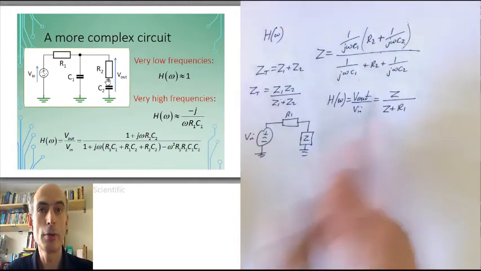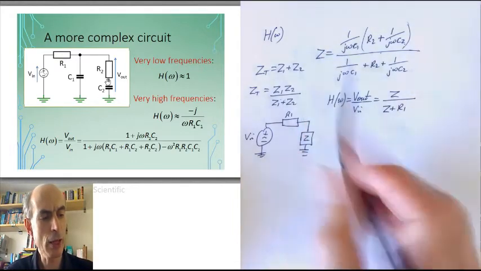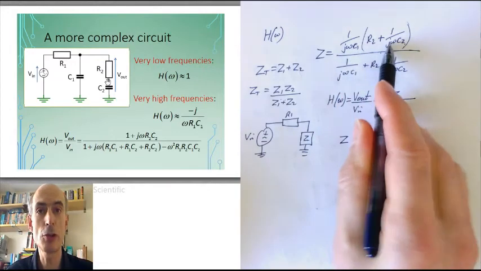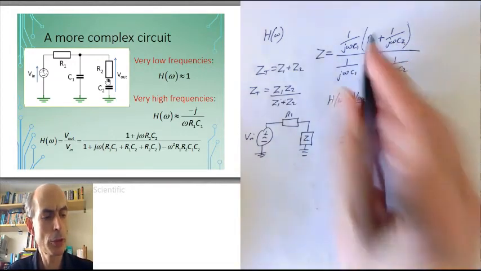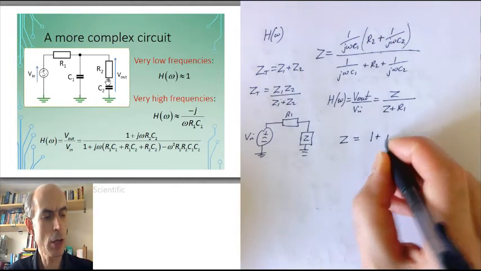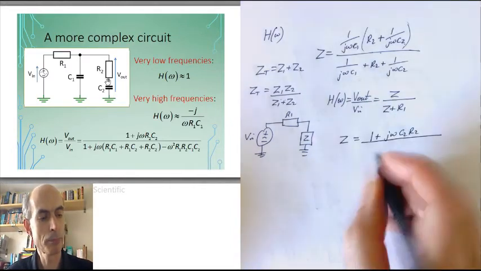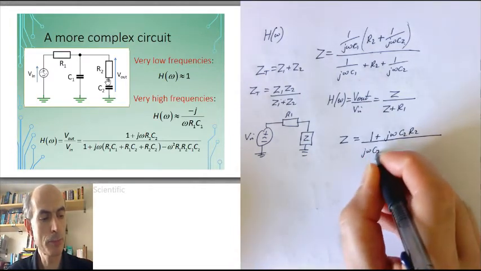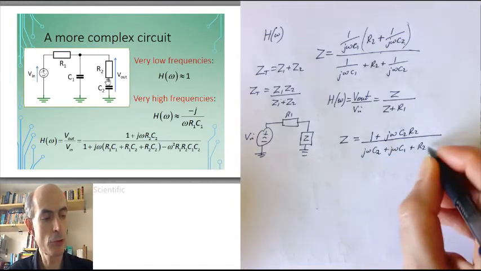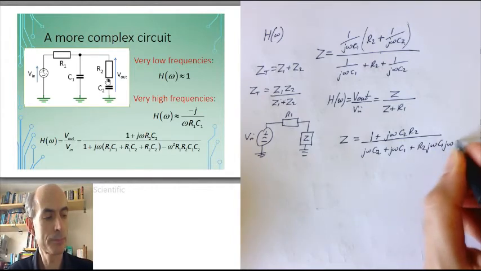And now I just have to do a simplification job. Well, the first thing I will do is look at Z and multiply top and bottom by j omega C1 times j omega C2. That would give me on the top 1 plus j omega C2 R2, and on the bottom j omega C2 plus j omega C1 plus R2 times j omega C1 j omega C2.